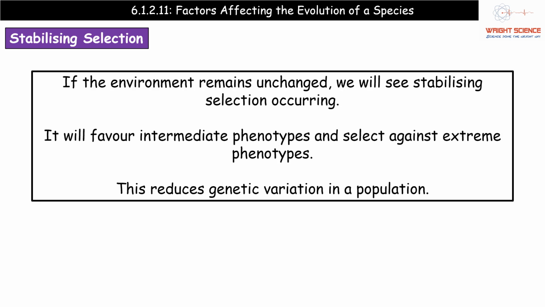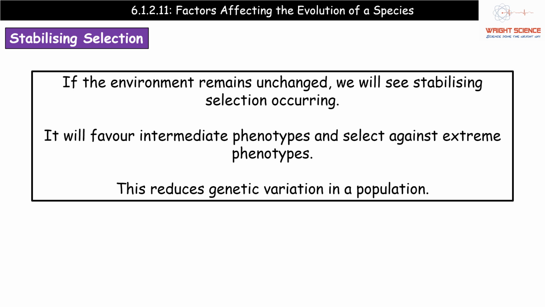Now, the first type of selection we're going to have a look at is what we call stabilizing selection. We will see this stabilizing selection if we've got an environment that is remaining unchanged for a prolonged period of time. Because if the environment is remaining unchanged, then there's nothing that's going to be selecting for different alleles. So instead, we're going to be selecting for intermediates, because we don't really need those extreme scenarios to be catered for, because the environment is pretty constant.